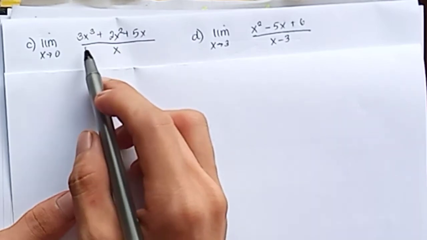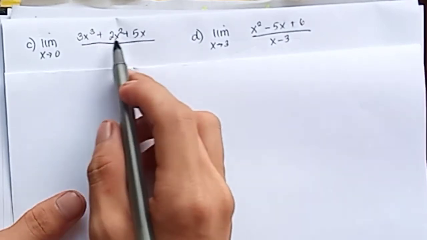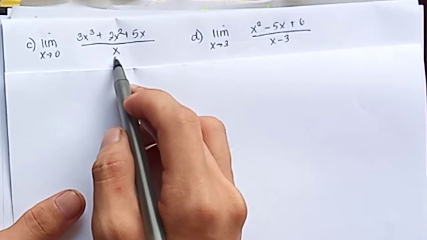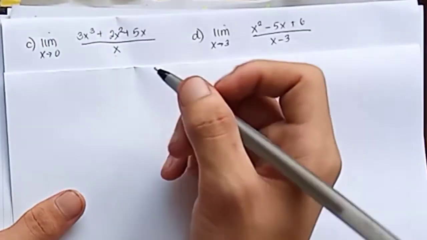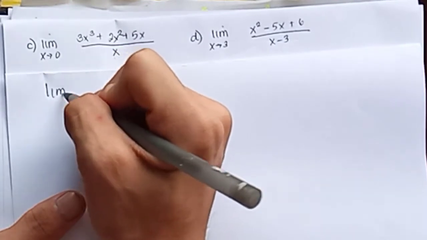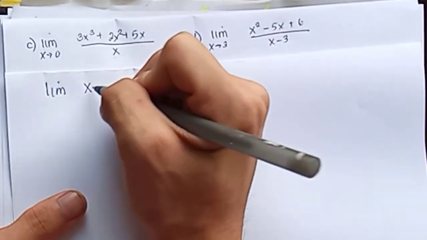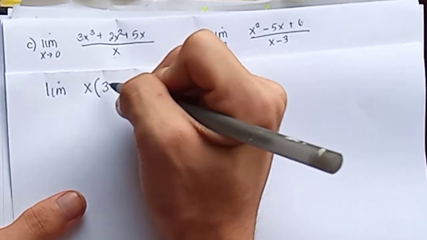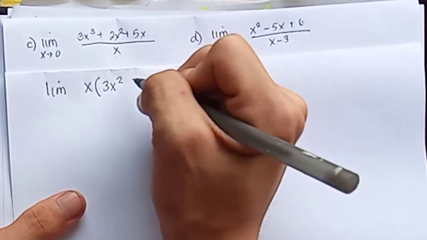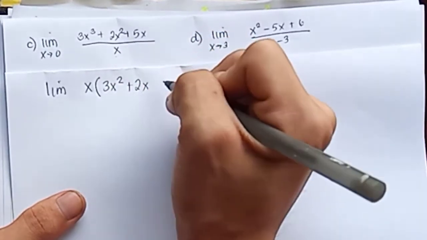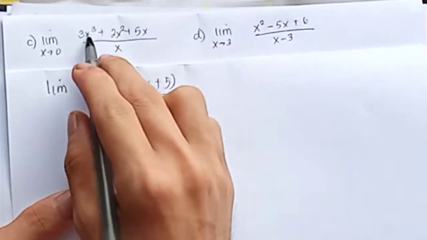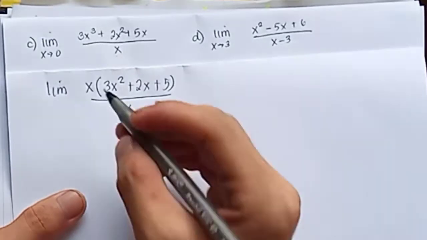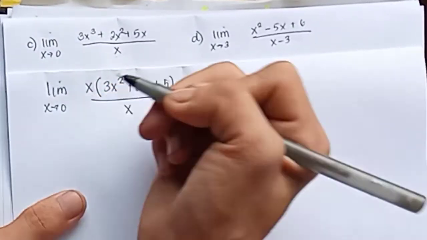So, ibig sabihin, pwede nating i-factor yung taas for us to eliminate x in the denominator, okay, so factoring the numerator, so I have the limit of x times 3x squared plus 2x plus 5 over x. Okay, so finactor lang natin yung numerator, x approaches 0.